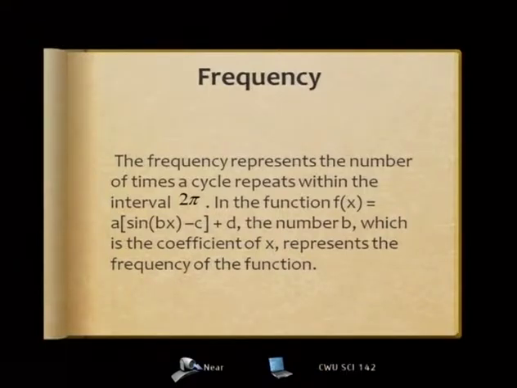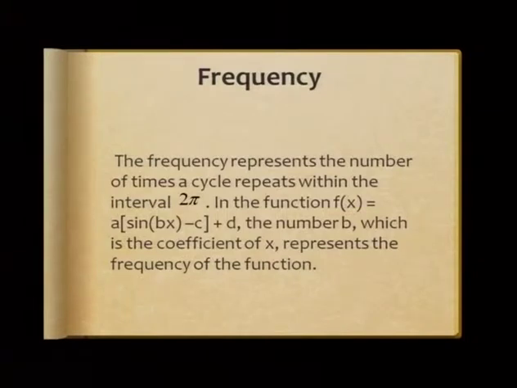If you notice that our graph originally started repeating after we got all the way around the circle at 2 pi, then it started over again. The frequency represents how many times that cycle, that up and down motion, happened within an interval of 2 pi. In our sinusoidal function, the number b, which is the coefficient of your x value, found right after sine, will represent the frequency of the function.